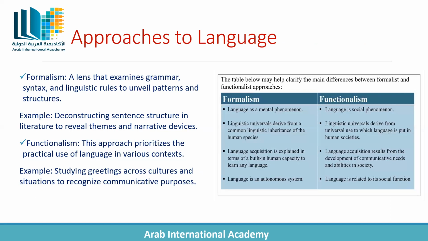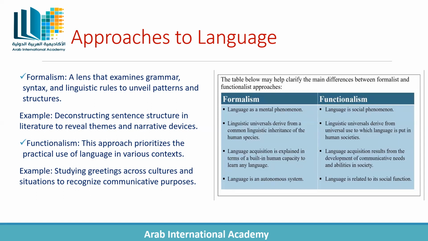So formalism, language as a mental phenomenon, while functionalism is language as a social phenomenon. Formalism, linguistic universals derived from a common linguistic inheritance of the human species, while functionalism, linguistic universals derive from the uses to which language is put in human societies.